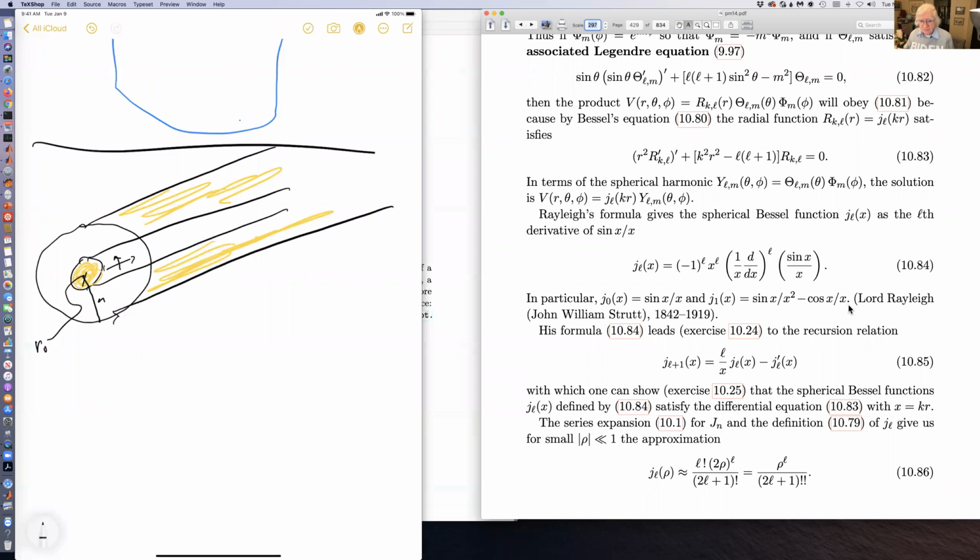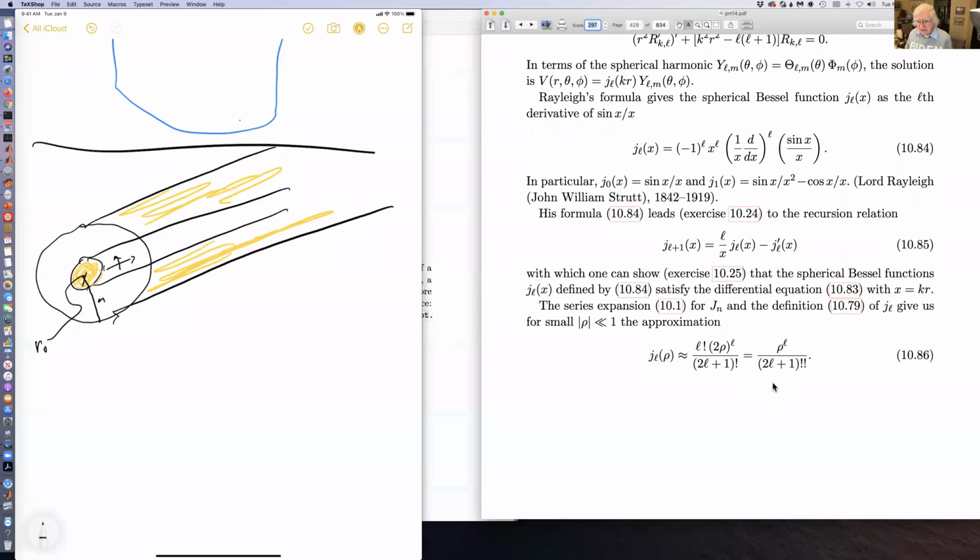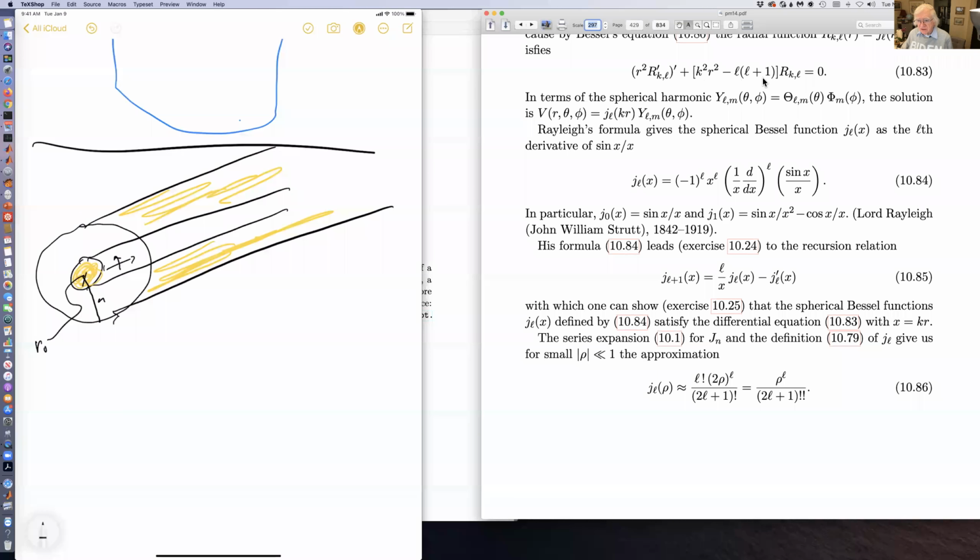Rayleigh's formula, or we probably should say Strutt's formula, leads to this recursion relation. In fact, the recursion relation can be used to show that the Bessel functions defined in this way satisfy the differential equation, this equation with x equal to k r.